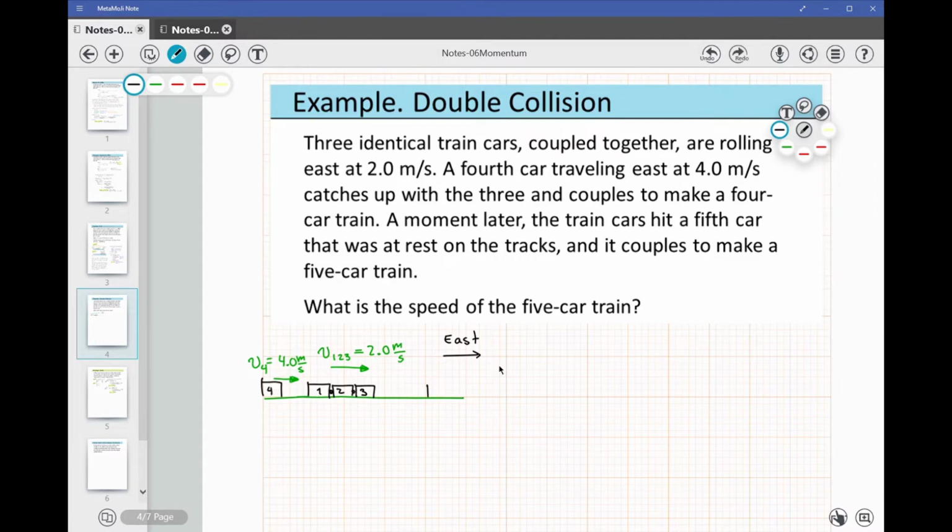A moment later, trains 1, 2, 3, and 4 will catch up with train number 5 that is initially at rest. So the velocity of train 5 is 0.